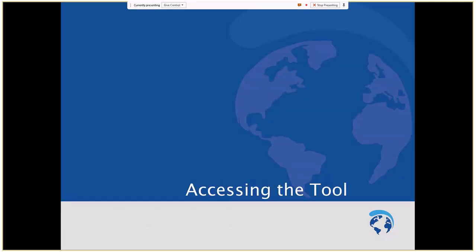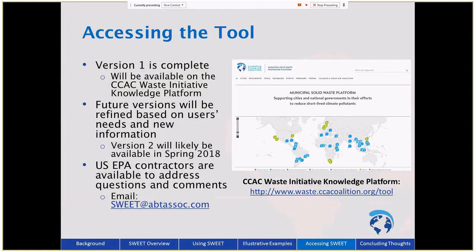So those are a few examples of how the tool can be used. In terms of accessing the tool, version 1 is complete and will be made available on the CCAC Waste Initiative's knowledge platform. I believe it will also be distributed shortly to CCAC Waste Initiative implementers and partners.